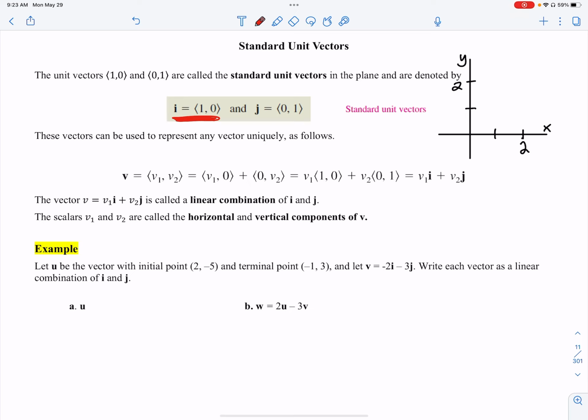This is our vector i, typically written like this, i hat, because it is a unit vector. That vector, if I put it in standard position, goes from here over to 1. So notice that has a unit of 1 in the x direction. That can describe my x's.